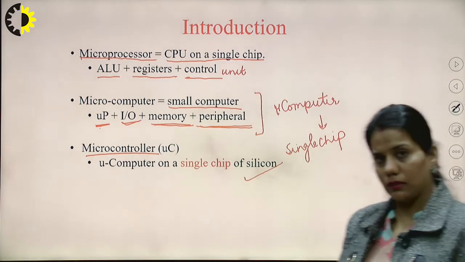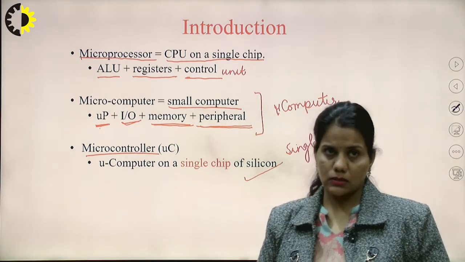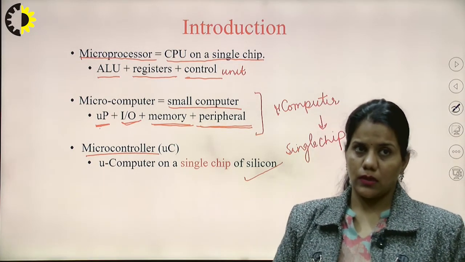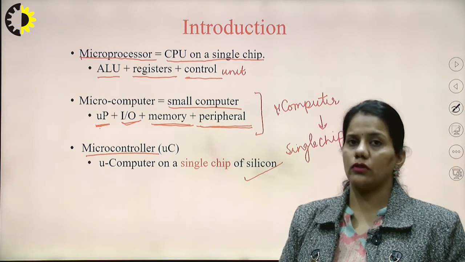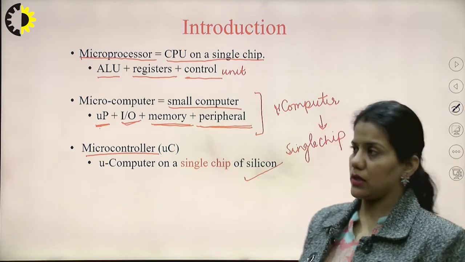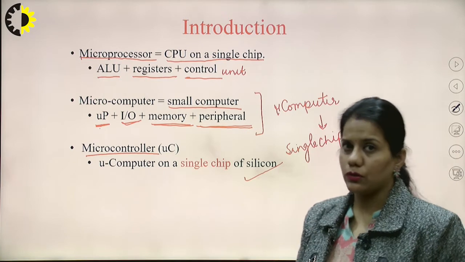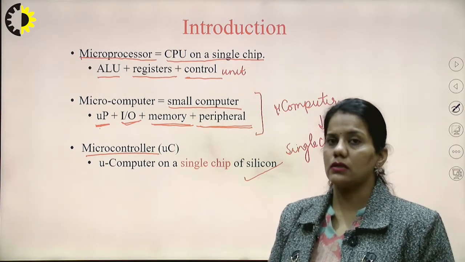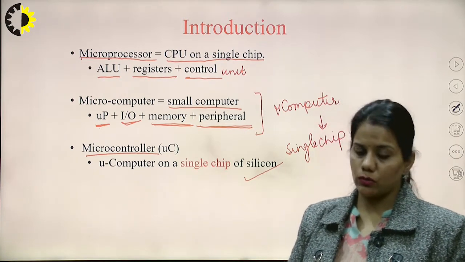So we can say the microprocessor plus input-output logic devices, peripheral devices and the memory units, together present on a single silicon chip, makes a microcontroller.